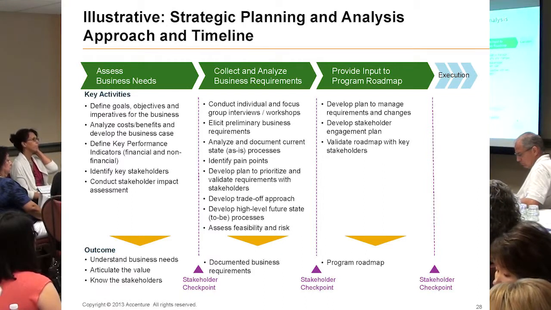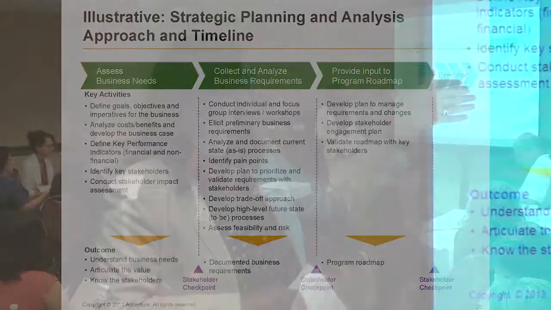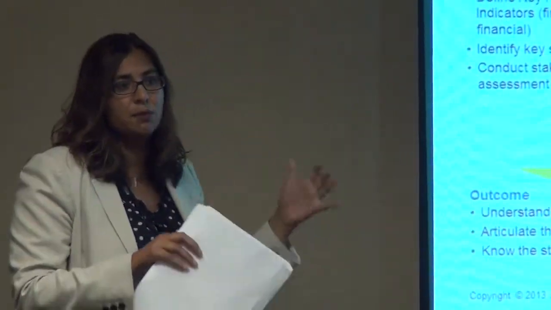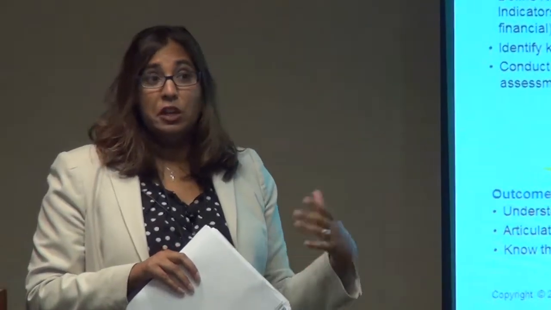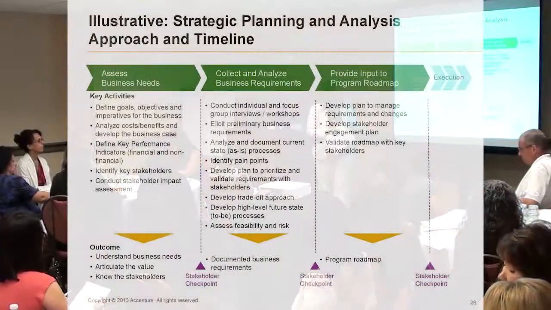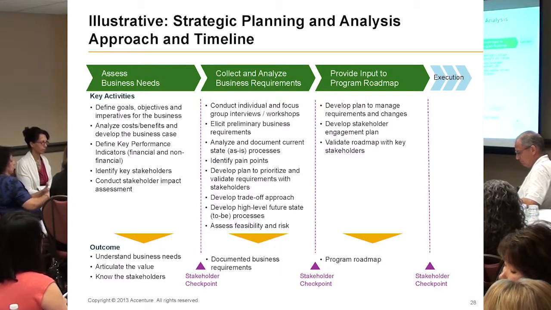So assessing business needs, again, defining those goals and objectives, you're identifying those stakeholders, you're doing what we call a stakeholder impact assessment, figuring out how this is going to impact the people that are actually going to use the solution or support the solution. Then you move to collecting and analyzing those requirements, you're documenting the as-is and your to-be processes, what this is going to look like in the future. You're assessing that feasibility and risk.